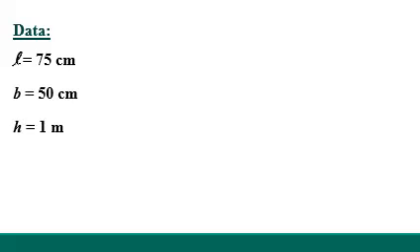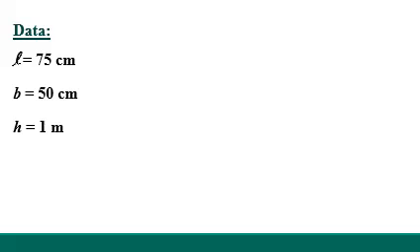Now we need to just look into the measurements that length and breadth are given in centimeters, whereas height is given in meters. So they are different in unit, and we need to use the measurements with the same unit.